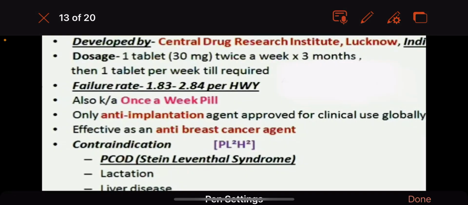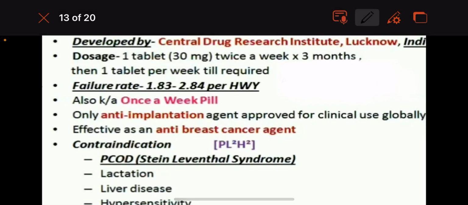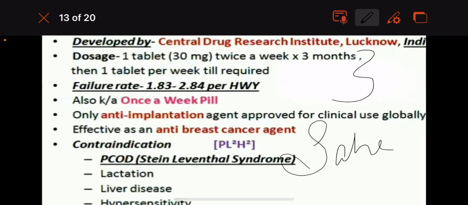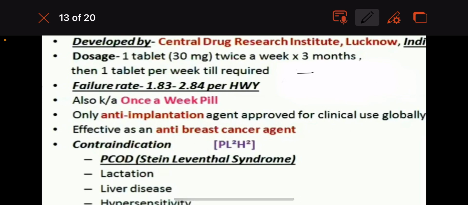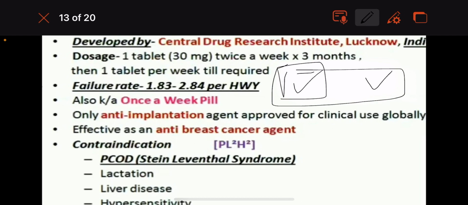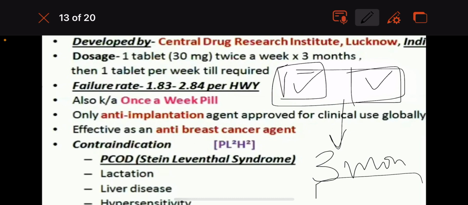The thing you have to remember is importantly this: Saheli has to be taken, one tablet of 30 mg, twice a week. In 1 week they have to take 2 tablets for a period of 3 months, followed by only one tablet a week until they require the contraception.